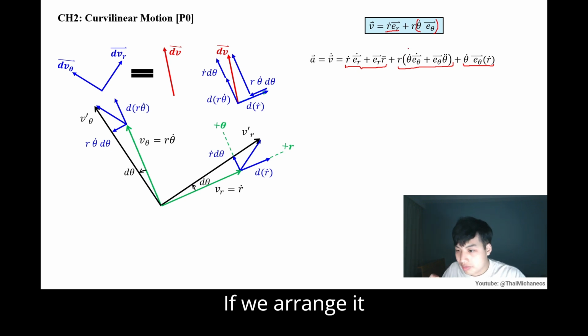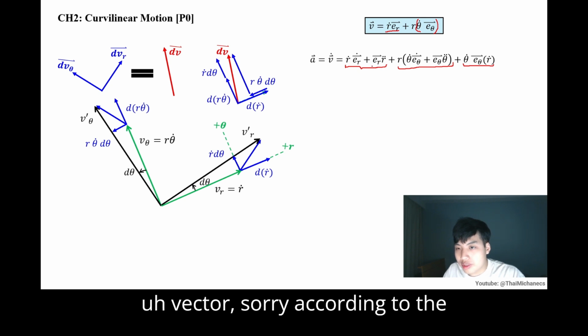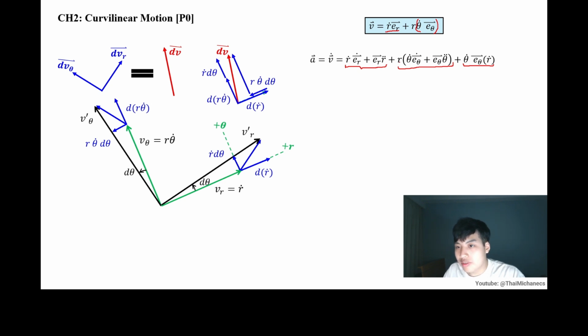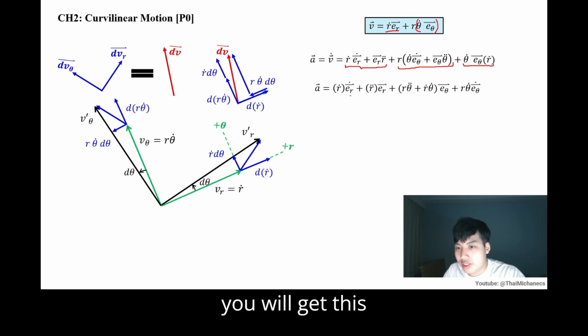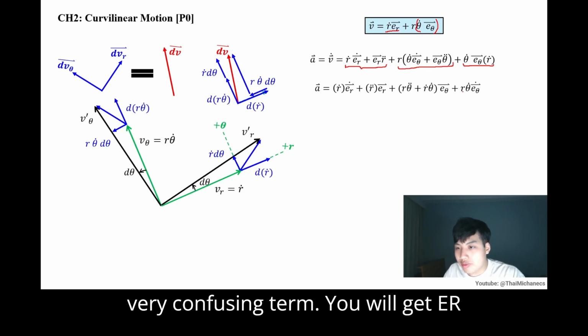If we arrange it according to the vectors e r, e r dot, and e theta dot, you will get this rather confusing expression.